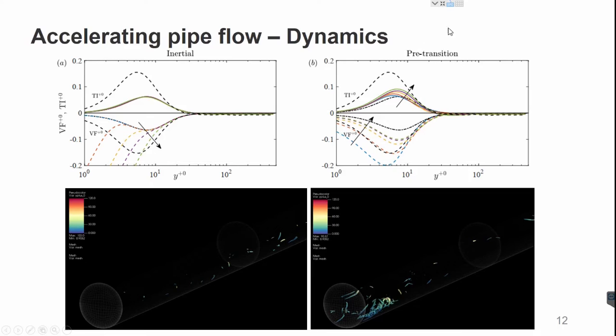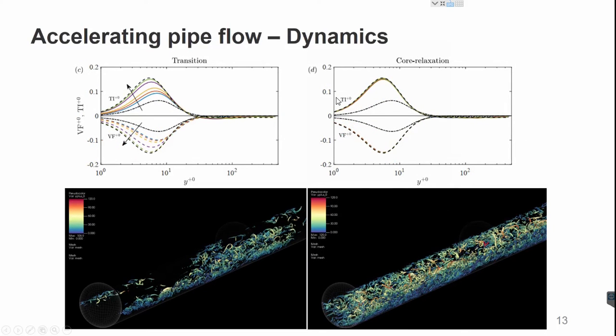Now, during the pre-transitional stage, we have a very mild response in turbulence and a decay in the viscous forces. And at the end of the pre-transitional stage, we should be able to see something like this, these turbulent spots, and we have some characteristic structures of transition, which are these hairpin vortices, and also these elongated streamwise vortices.